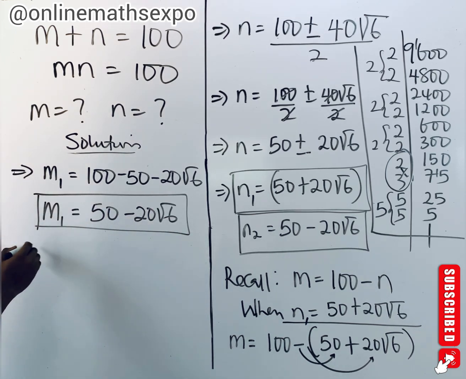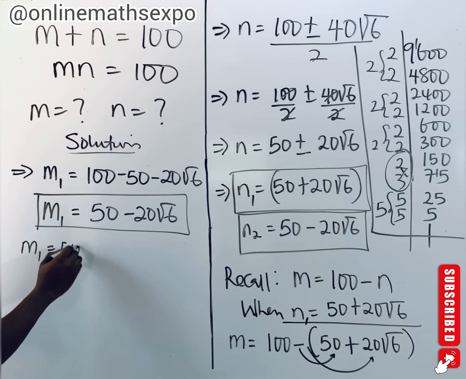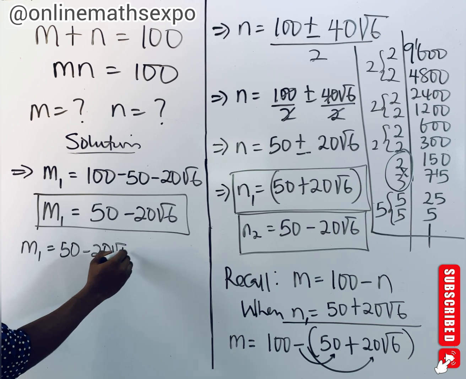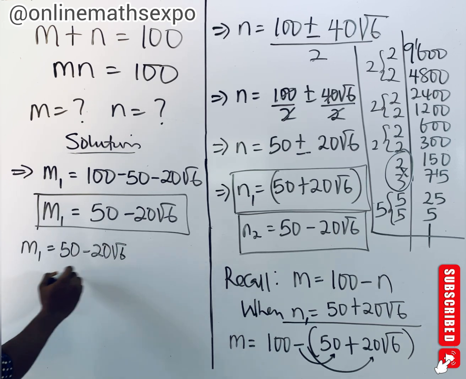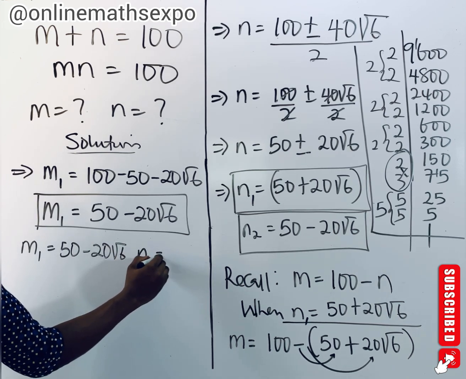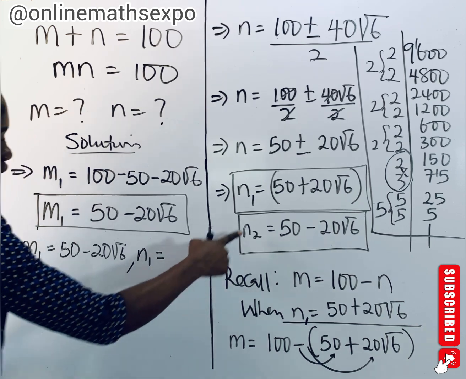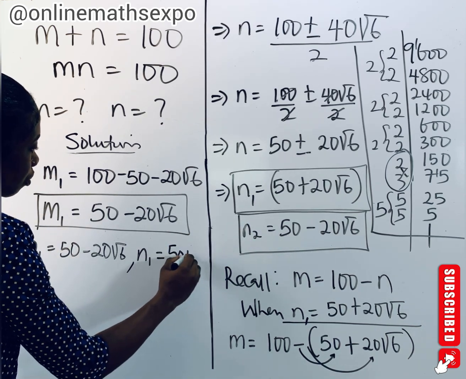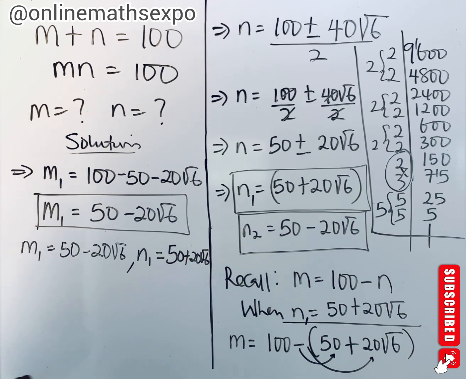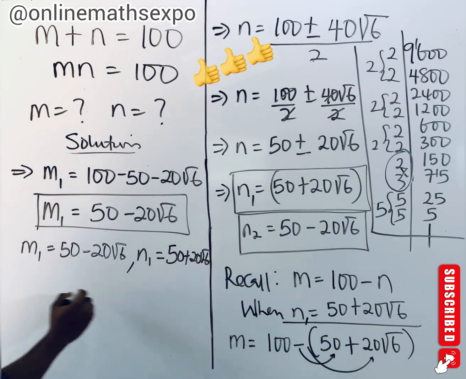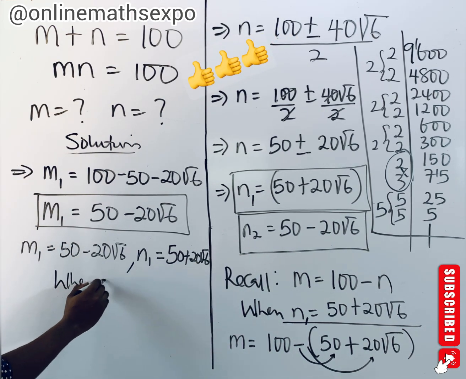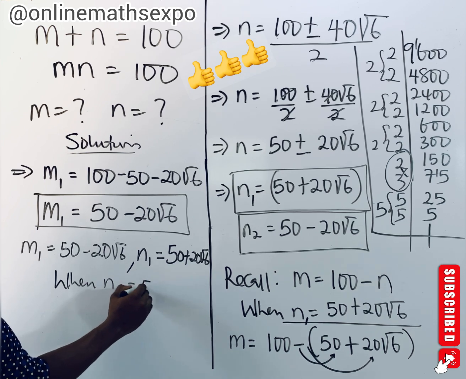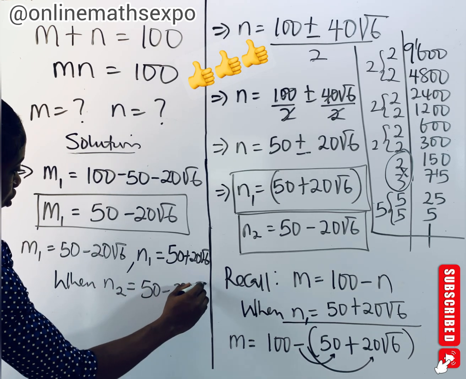So what it means is that when our m is 50 minus 20 root 6, our n1 is 50 plus 20 root 6. Now let's also do for when n2 is 50 minus 20 root 6.